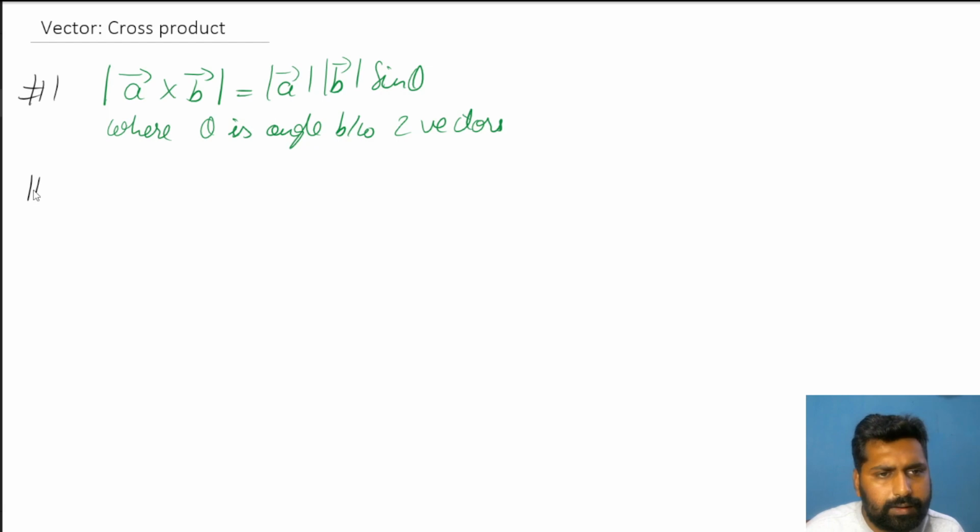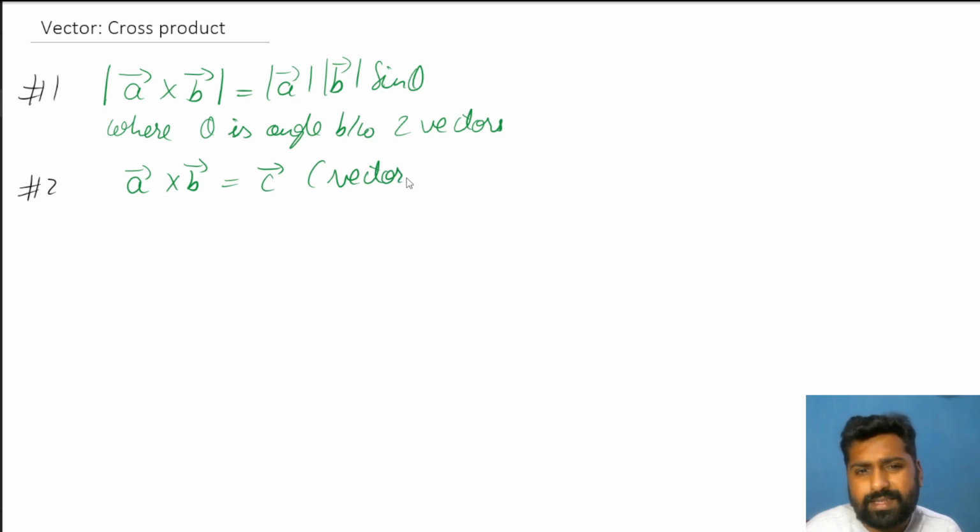Okay. Second thing, A cross B gives us another vector, let's say C vector. So first of all, A cross B is a vector quantity. Dot product gives a scalar quantity.